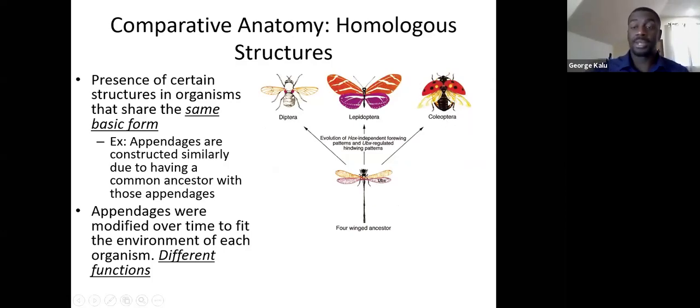So it's got the same overall structure, the same wing type, but the wings are going to be best used for different functions. So those are homologous structures: same basic form, different overall function.